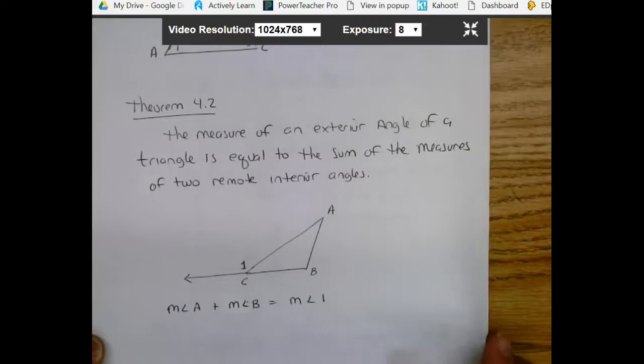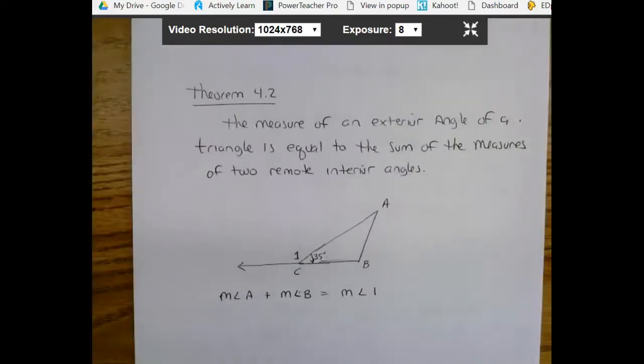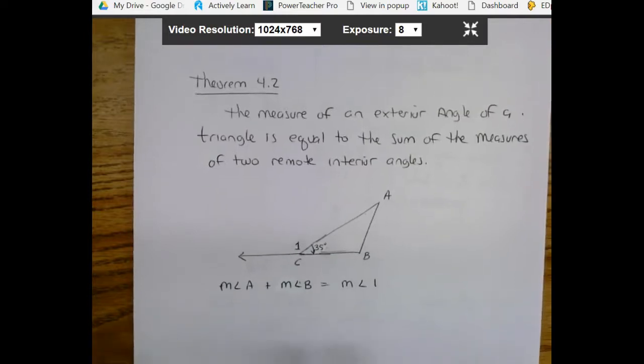Now, here's how this works. I've added an angle here. Let's just say this angle is 35 degrees. And we're talking about this exterior angle theorem and this general idea: measure of angle A plus the measure of angle B equals the measure of angle 1. If we just look at this, we can maybe understand it.